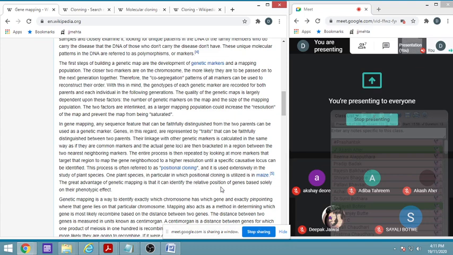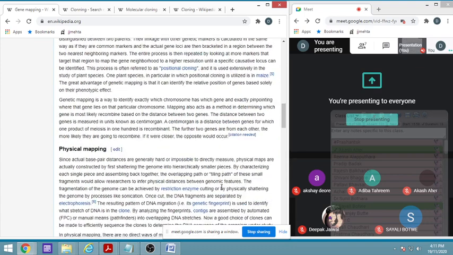These all give various ideas about what kinds of chromosomes and genes there are. So it is a way to identify exactly which chromosome has which type of genes, what the functionality of these genes is, and pinpointing where the gene lies on that particular chromosome.